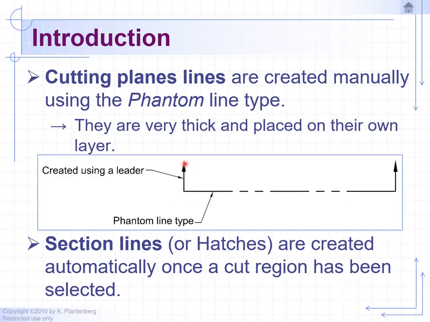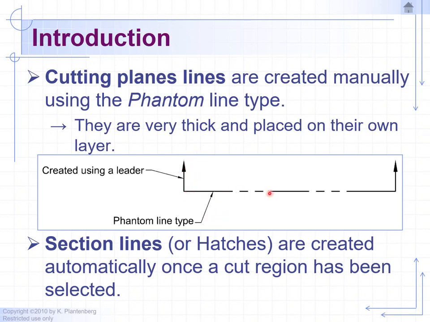Use the line command to draw the leader, and manually draw a triangular shape, or you can use a polyline to create an arrowhead. Unfortunately, AutoCAD does not have an arrowhead command like other softwares. You're going to have to manually draw one, and I'll show you how to do that in the assignments.